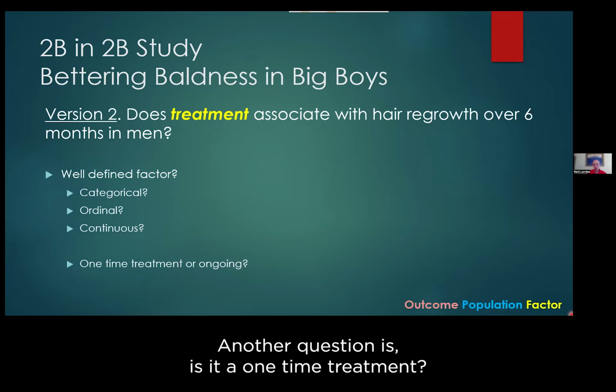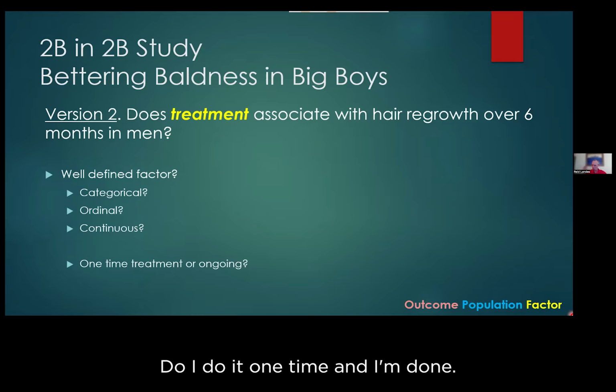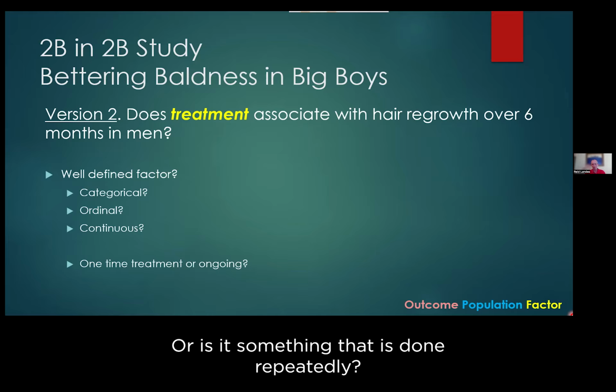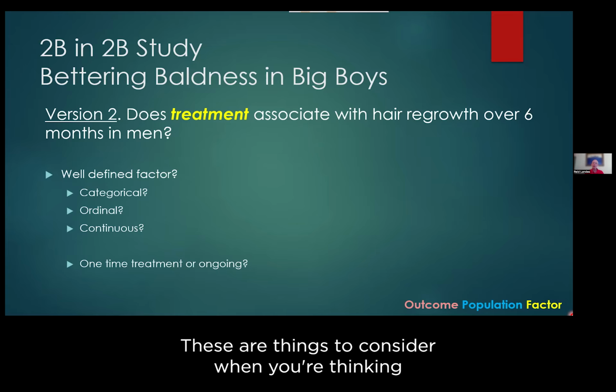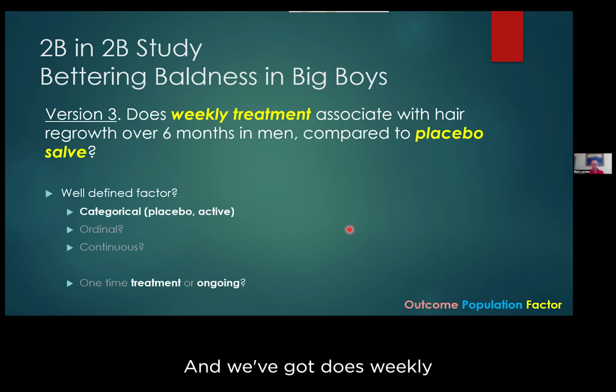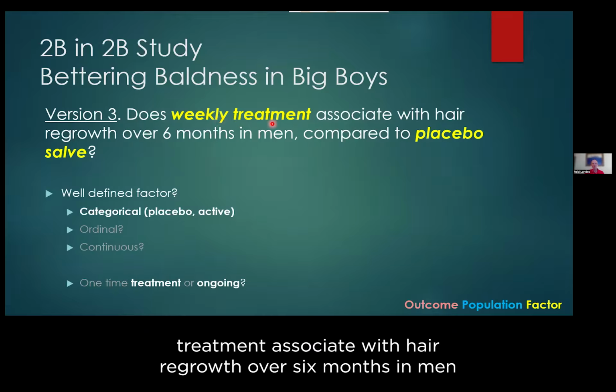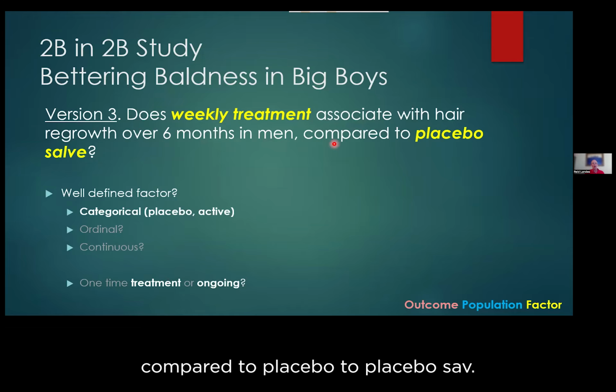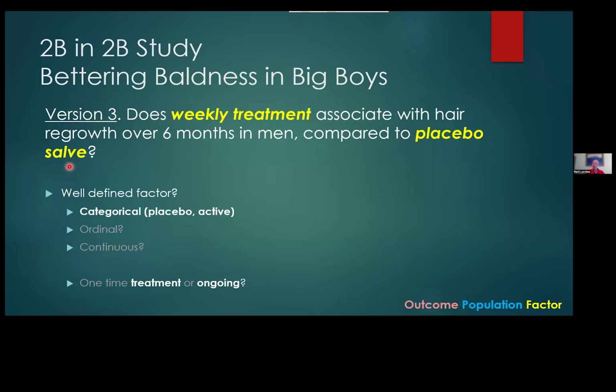Another question is, is it a one-time treatment? Do I just do it one time and I'm done? Or is it something that is done repeatedly? These are things to consider when you're thinking about defining your factor of interest. So, thought about that, and we've got, does weekly treatment associate with hair regrowth over 6 months in men compared to placebo salve? Okay, good.